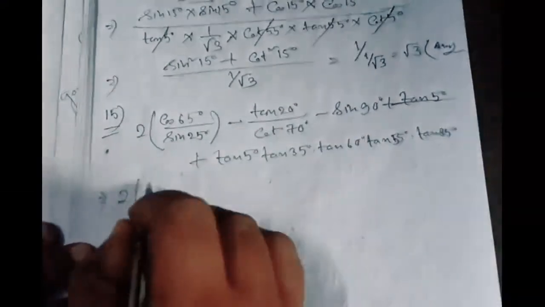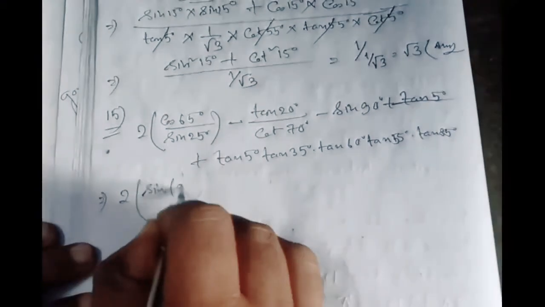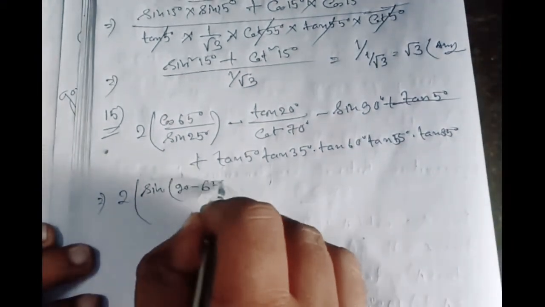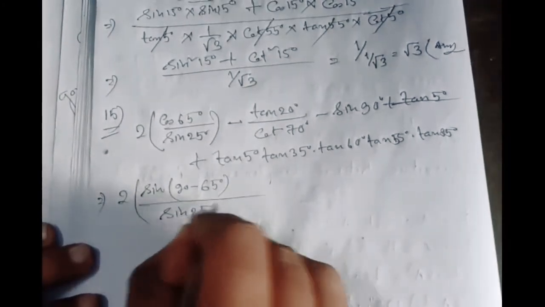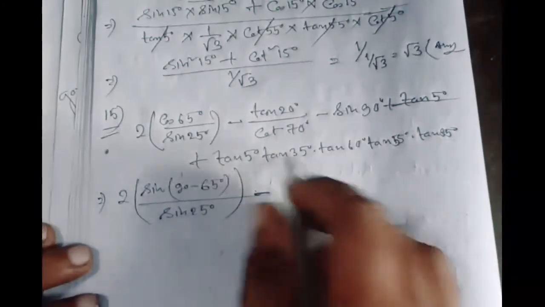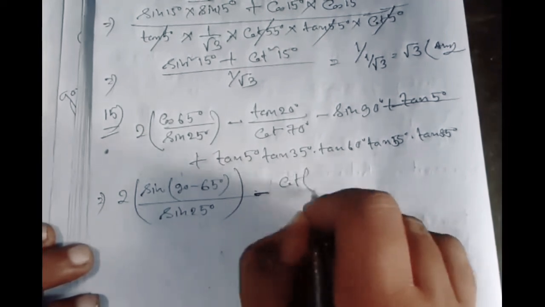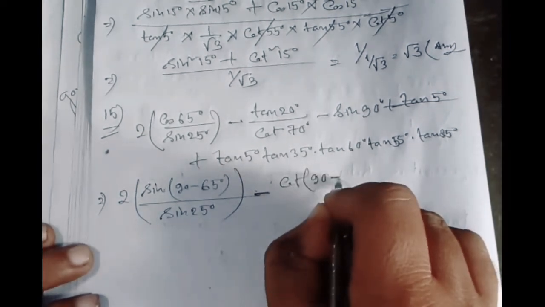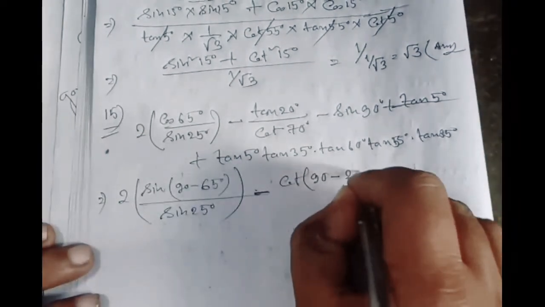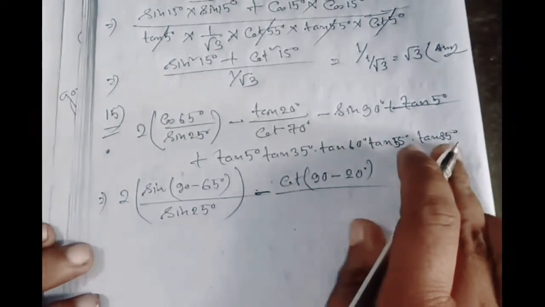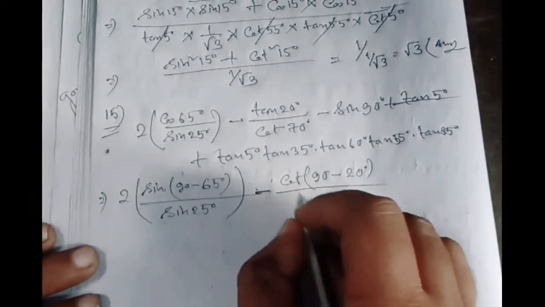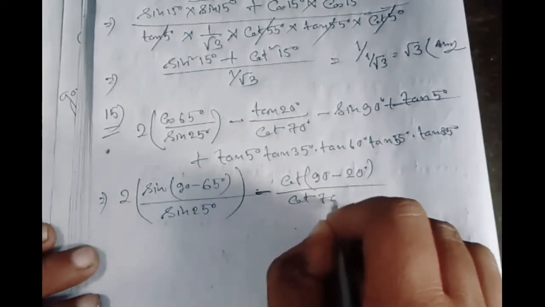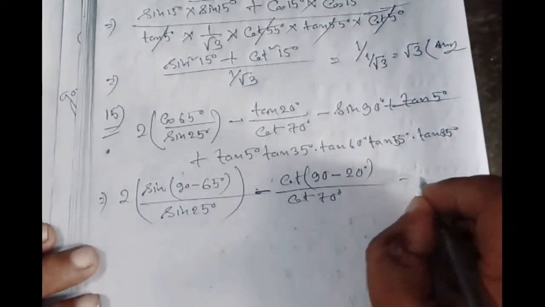Now cos 65 means sin of 90 minus 65, divided by sin 25 degree, minus tan 20 means cot of 90 minus 20 degree, by cot 70 degree, minus sin 90.